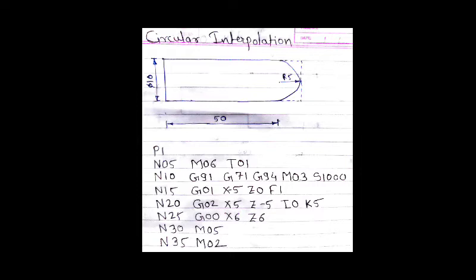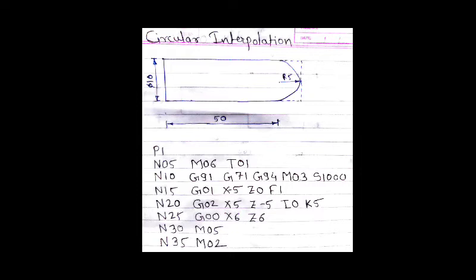Then in the next block, N15: G01 X minus 5 Z0. Here we are going to do the facing operation.